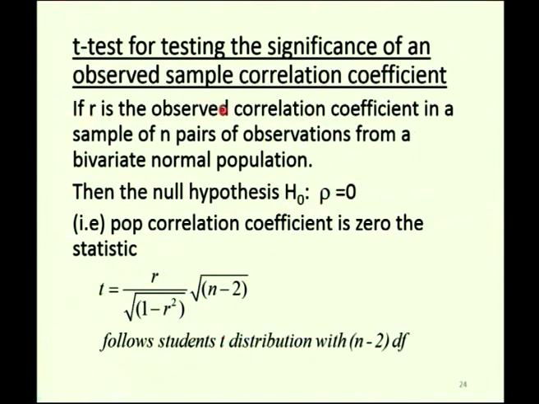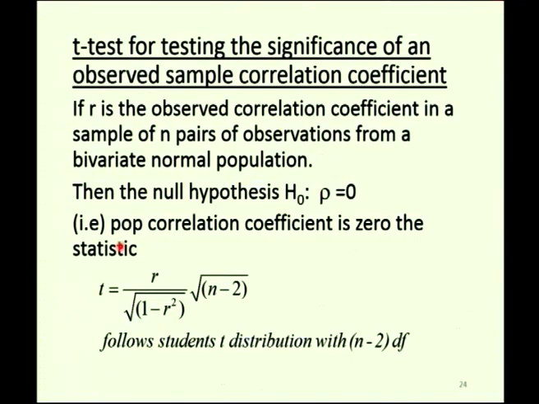R represents sample correlation coefficient, whereas rho represents population correlation coefficient. We always take H naught as rho is equal to 0, that is population correlation coefficient is 0. It means the population is uncorrelated.